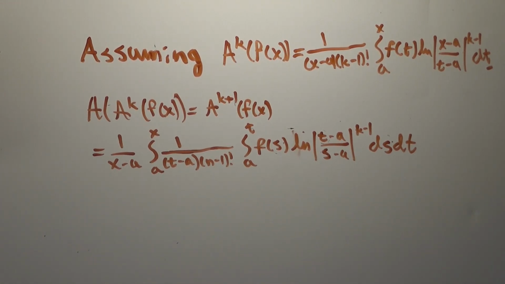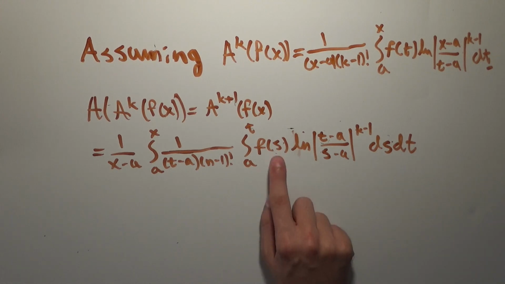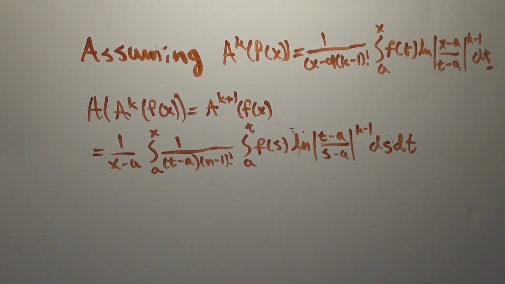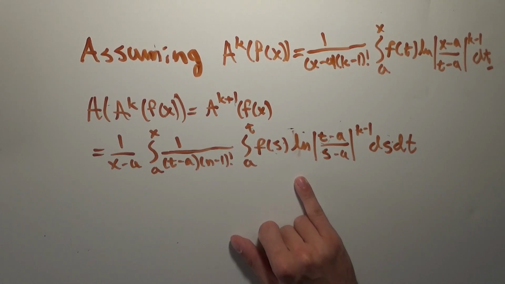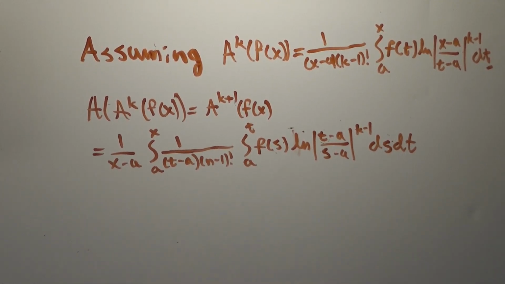And that actually got this solved, because what I want to try and do is get the function f of x that we've picked out of that integral and into the outer integral. So what we're going to do is move everything inside of here, except the x minus a and the k minus 1 factorial.